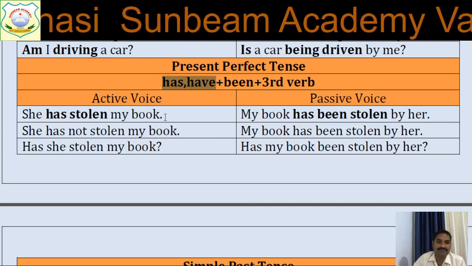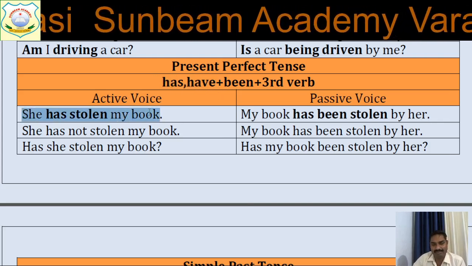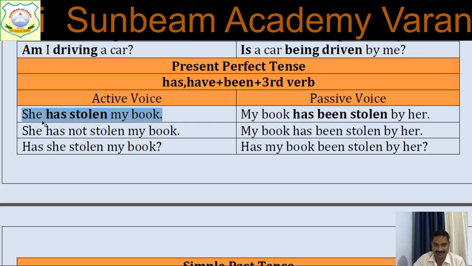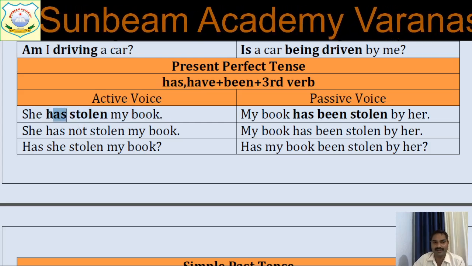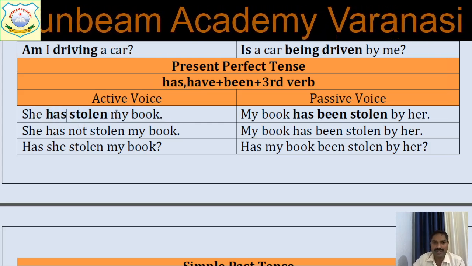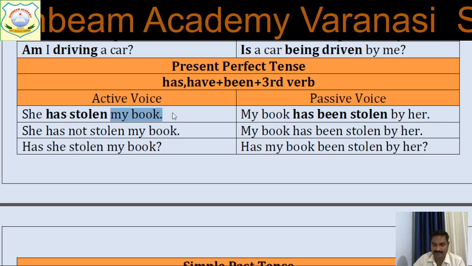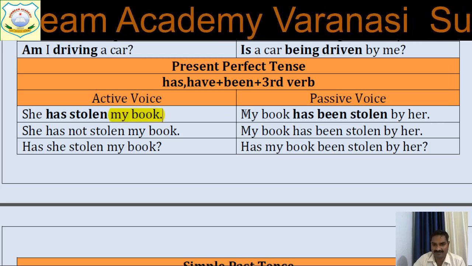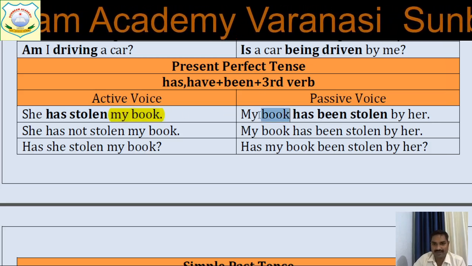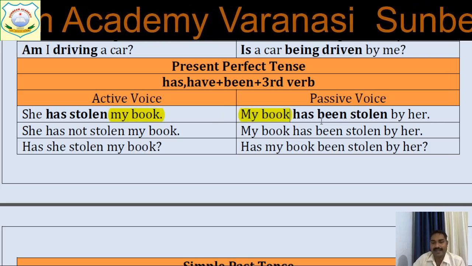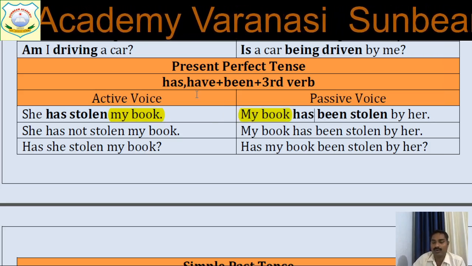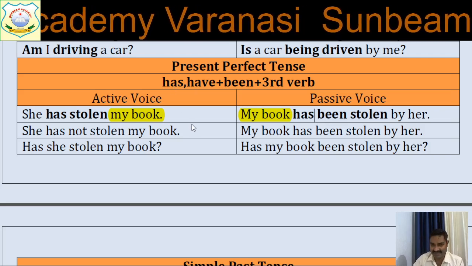Okay, so if the sentence is in active voice in present perfect tense, for example, she has stolen my book. So here you will take my book. The subject will be taken from the object of active voice. Here you have taken my book. And then you will take helping verb. What sort of helping verb can be taken in present perfect tense?